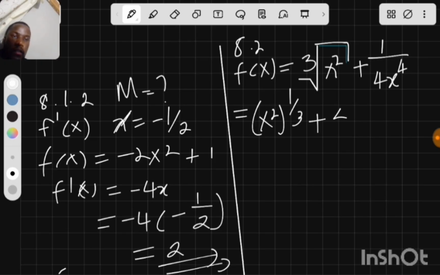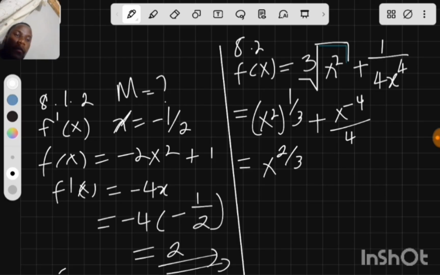You have x to the power minus 4 over 4 in the numerator. From the denominator to the numerator, even the sign changes. Then it's the same as x to the power 2 over 3 plus x to the power minus 4 divided by 4.